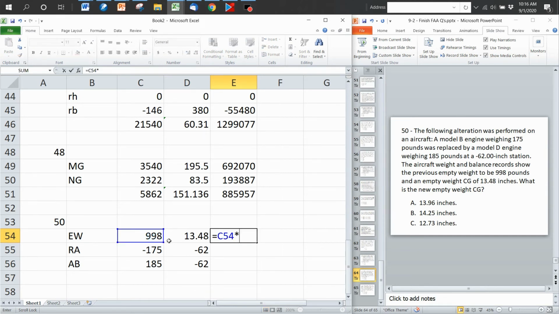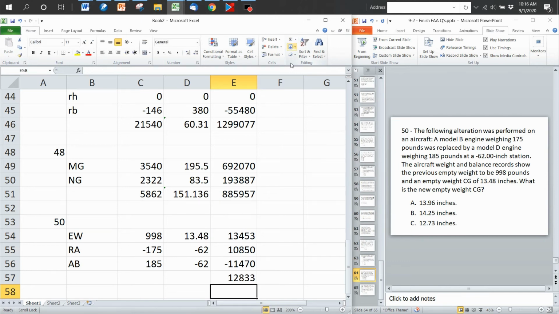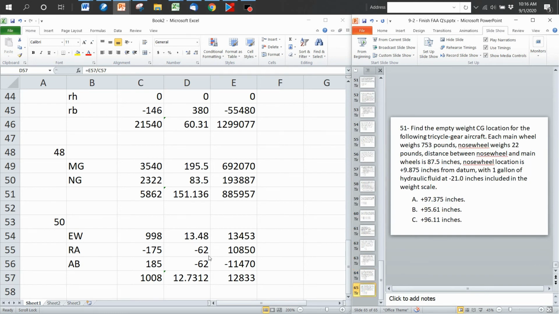Our moment is the multiplication of these two numbers, which we can use on all of them, and we can sum it all up. Notice that we added 10 pounds to our plane, which is normal if we add a 10-pound heavier engine. We are going to take our moment divided by our weight, and we get 12.73, and that is answer C. And that gives us only one left to go.